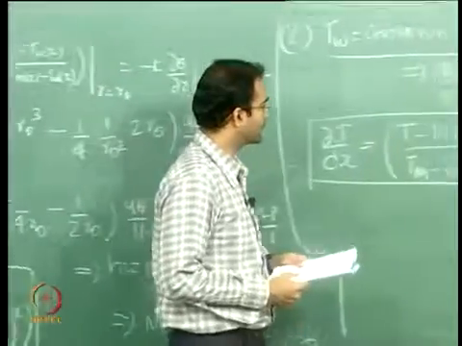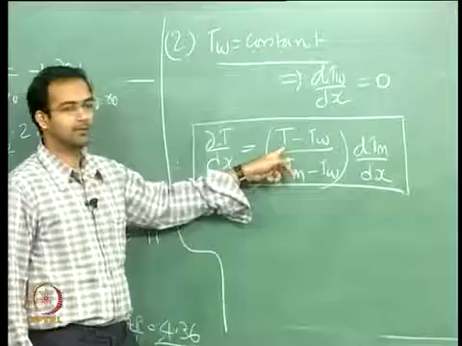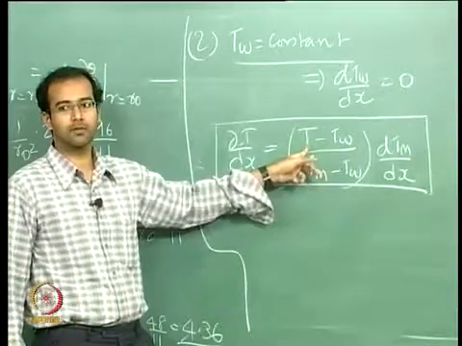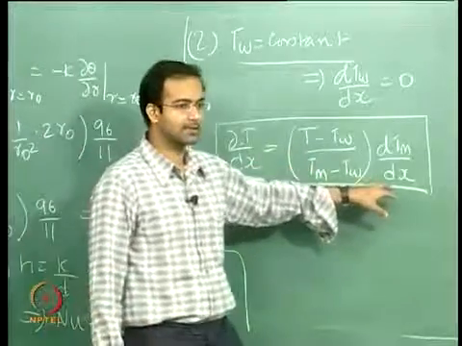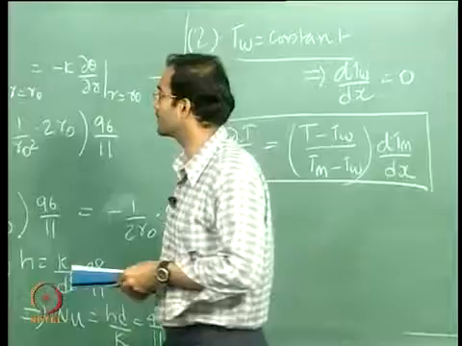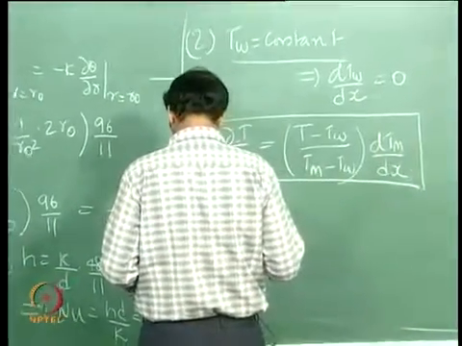right. So of course your mean temperature is only a function of x, but this T here, this is the problem, this is a function of both x and r. So now if you substitute this into the energy equation, now what happens? In your energy equation on the left hand side you have your dT by dx.